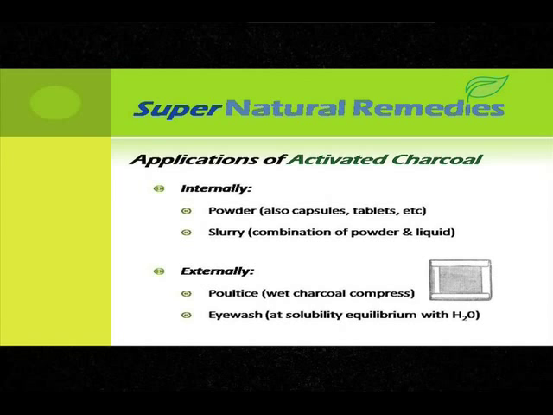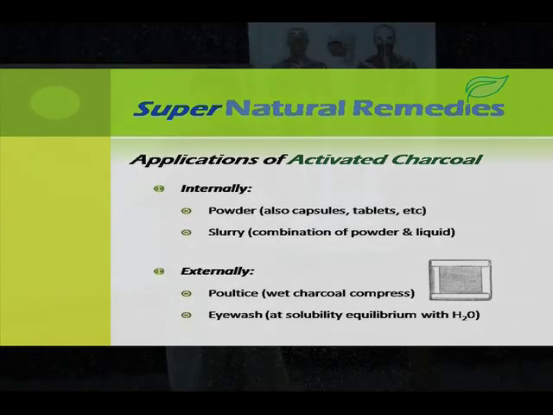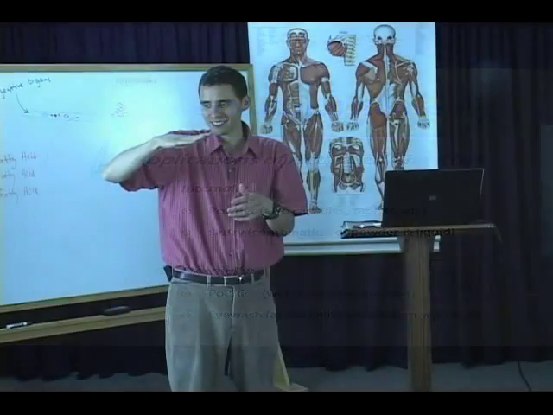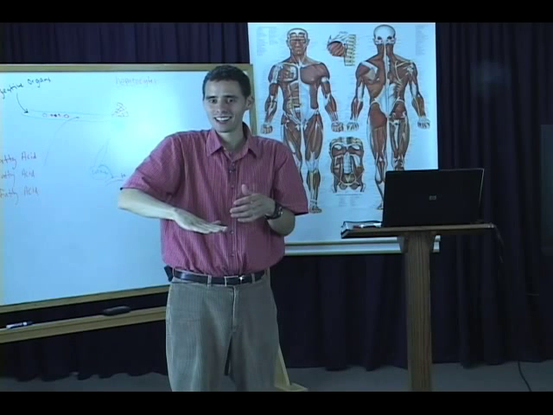The clear liquid is the charcoal that's actually bound to the water molecules. The term is solubility equilibrium. You know when you make salt water and you put a bunch of salt in the water, you stir it up, and then some of that salt settles down at the bottom?